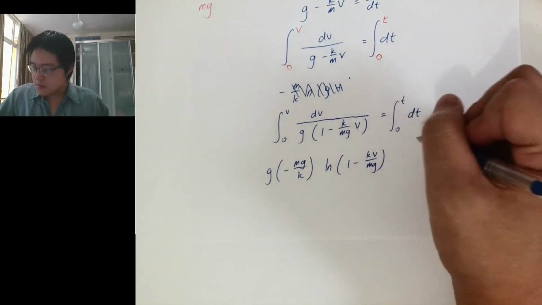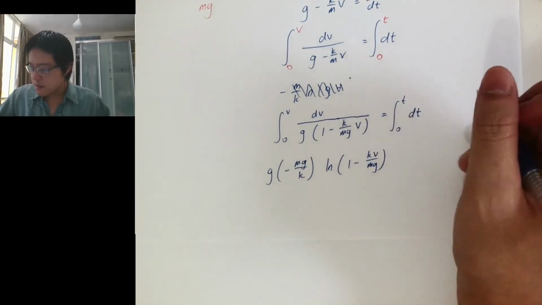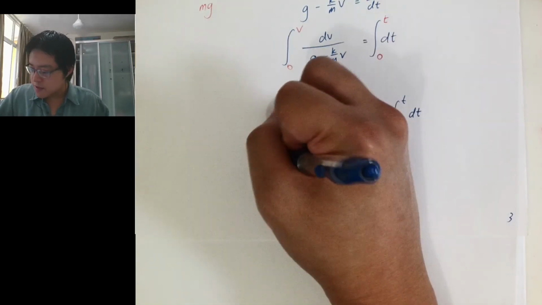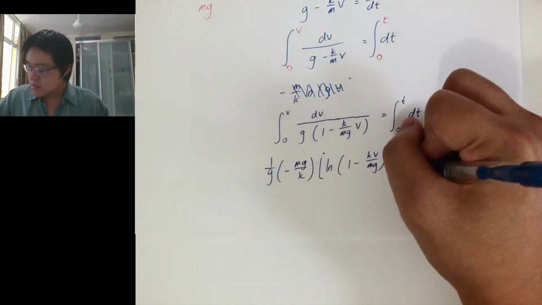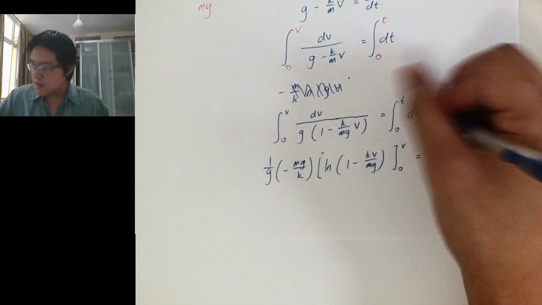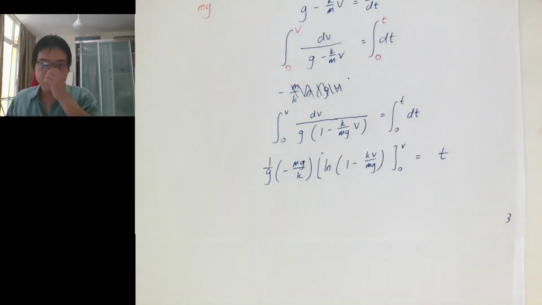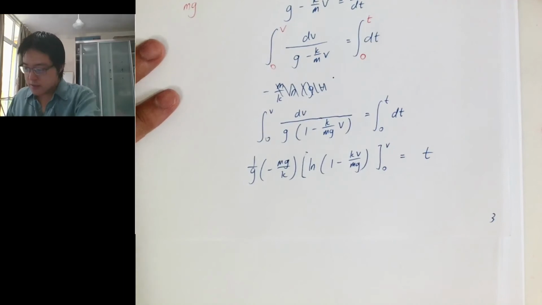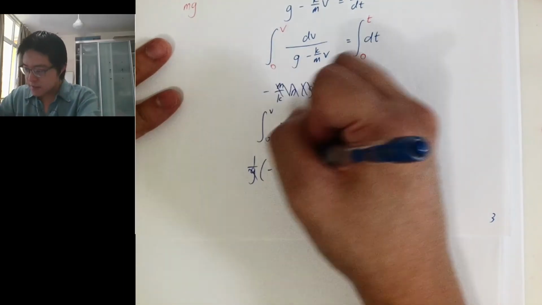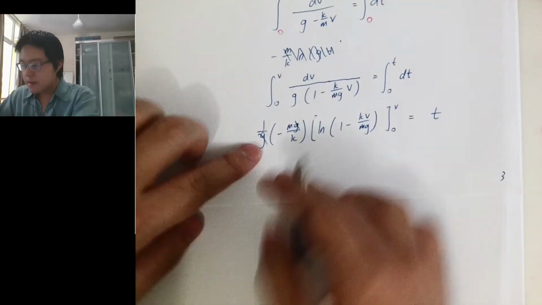Okay, so I got this now. Oh yeah, this is 1 over g. No wonder it looks weird. Okay, so the range is from 0 to t. On the right hand side, I integrate and I just get a g. So I cancel my g here, and then I just simplify.